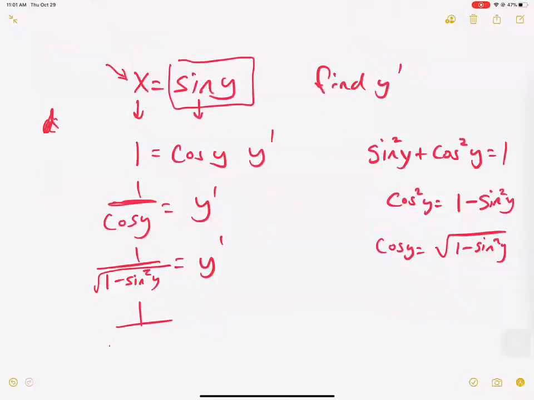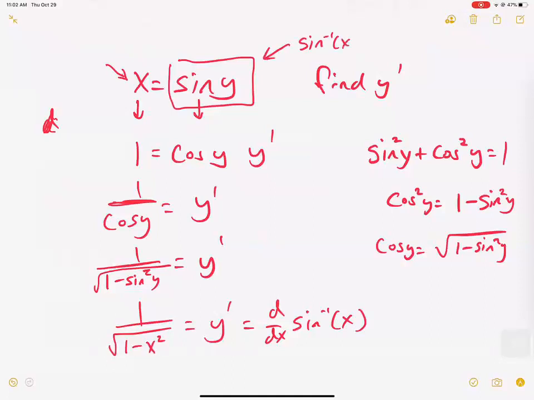So y prime is 1 over the square root of 1 minus x squared, which is the same as the derivative of sine inverse. Because if I take the inverse of both sides, sine inverse of x equals y. That's our proof, baby.